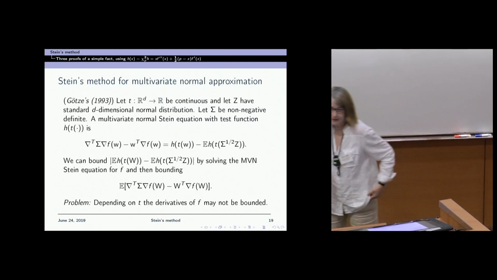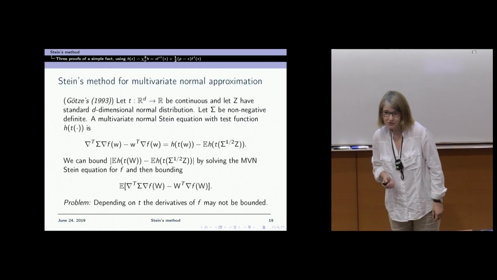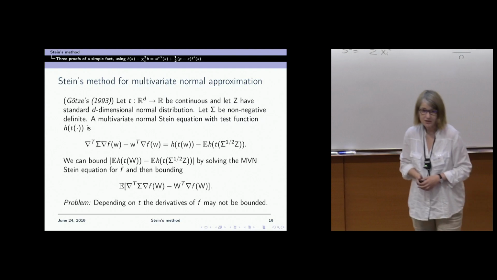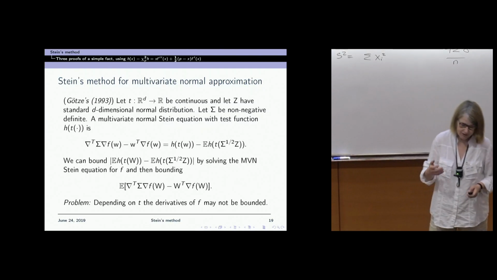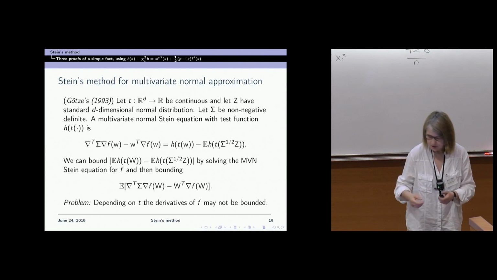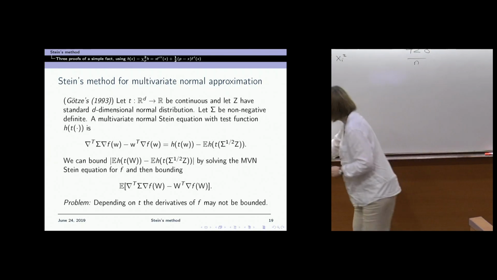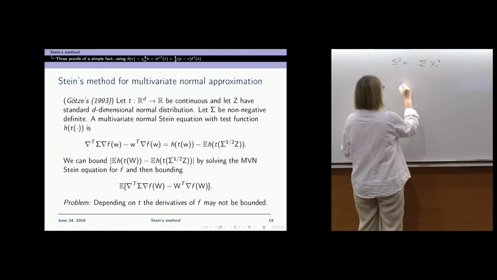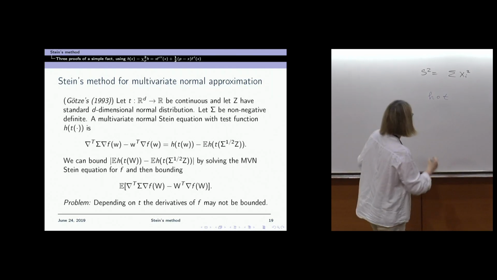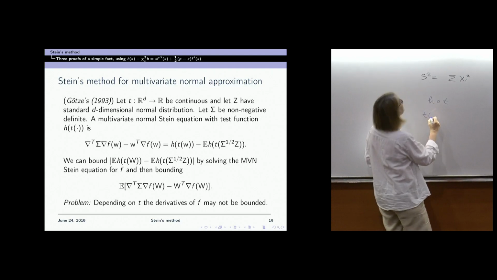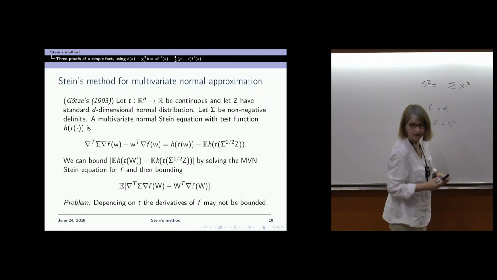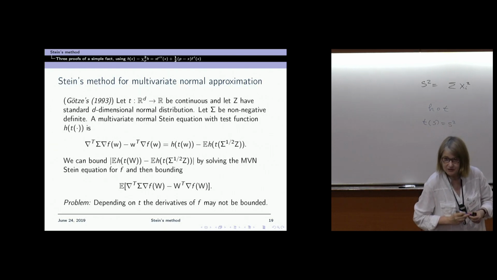Now, Peter has already shown solutions of Stein equations which depend on the test function h. But even if the test function h is Lipschitz, because now here we've got h composed with t, and if t of s is s squared, say, that's not a bounded function.